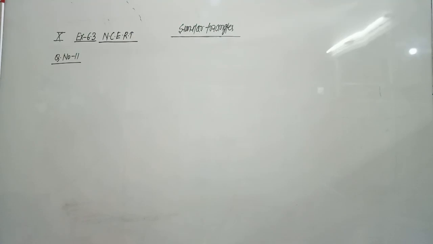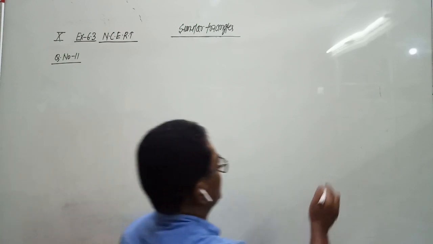We continue exercise 6.3. Question number 11. It is given that each point on side CB produced of an isosceles triangle ABC.